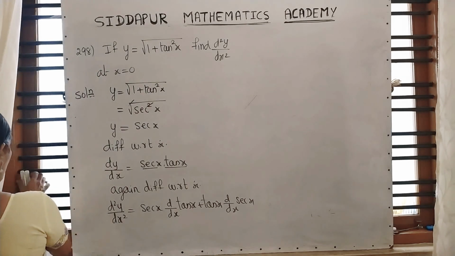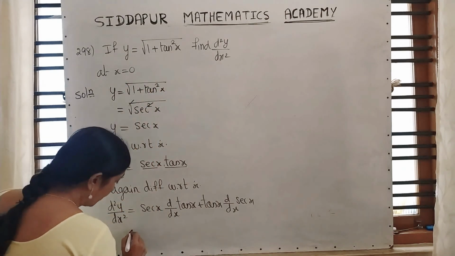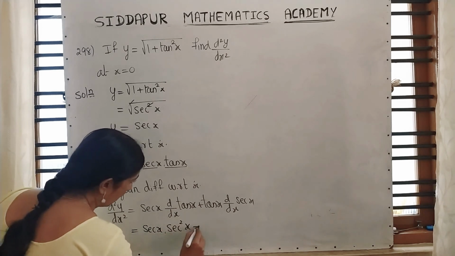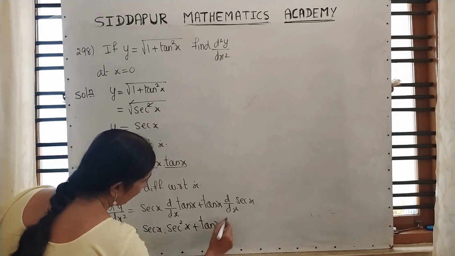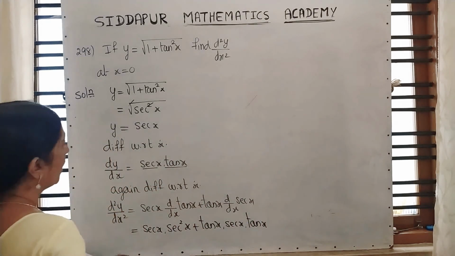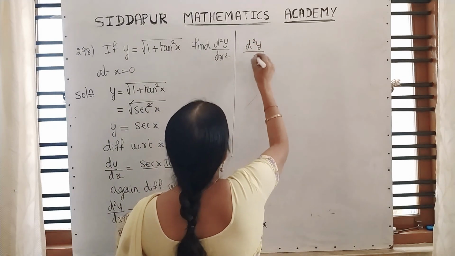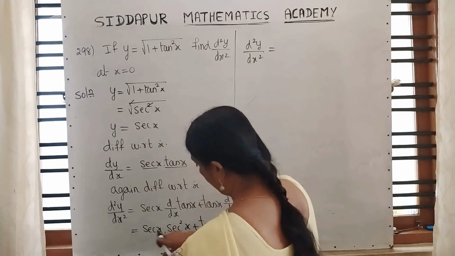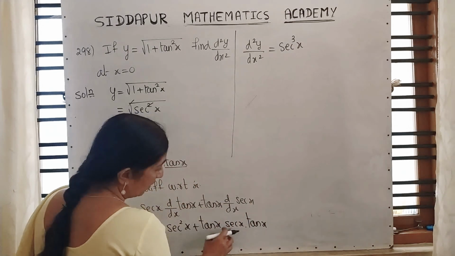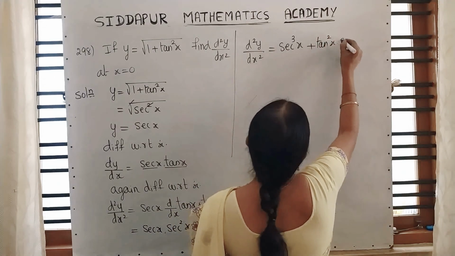If you are thorough in the formula, then the sums will be simple. Otherwise, you have to differentiate root, then the inside term. Sec x as it is, differentiation of tan is secant square x. Tan x as it is, differentiation of sec is sec into tan. Before writing the value, first simplify. d square y upon dx square is secant x into secant square, which is secant cube x, plus tan into sec into tan, which is tan square x into secant x.